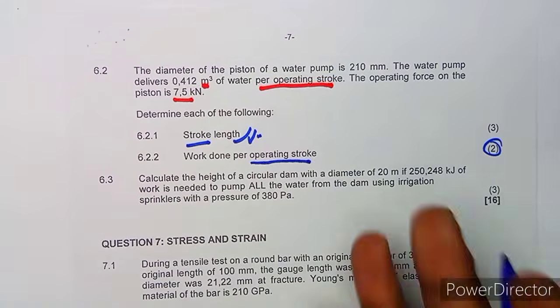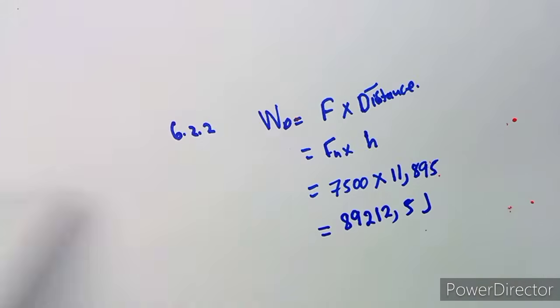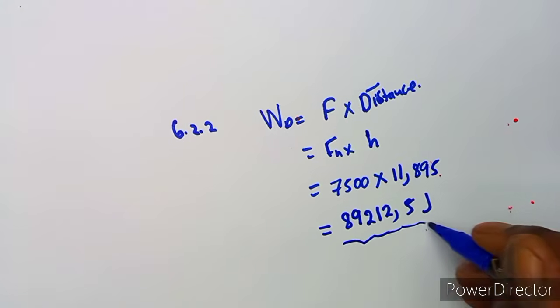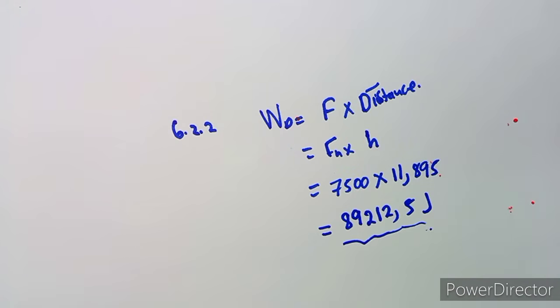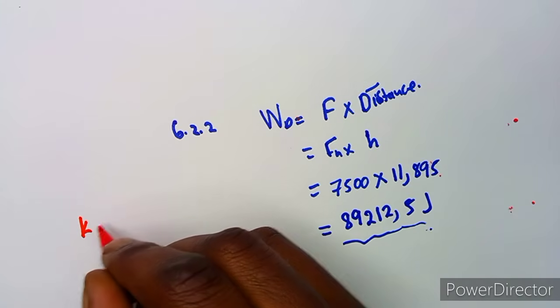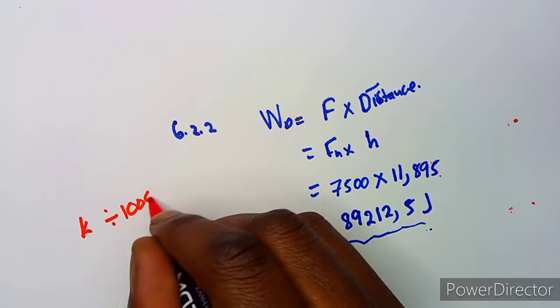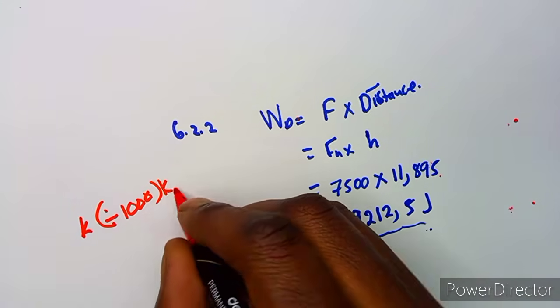You're not given to calculate this in kilojoules, so you can just leave your answer like this, or someone can just write this in kilojoules. Remember, I told you to convert to kilo, you divide by 1,000, and your answer is going to be definitely in kilo.